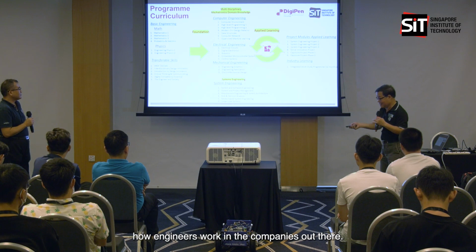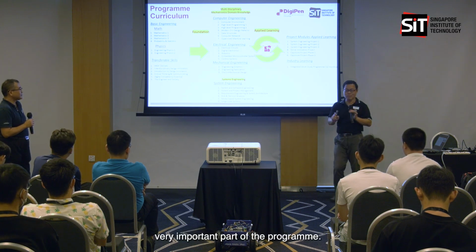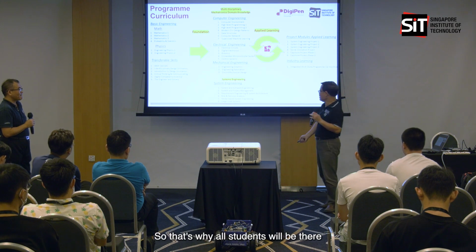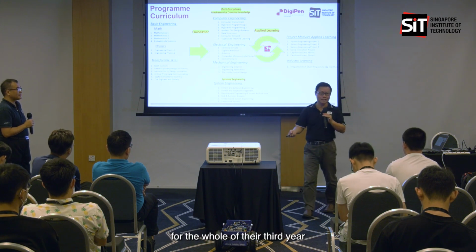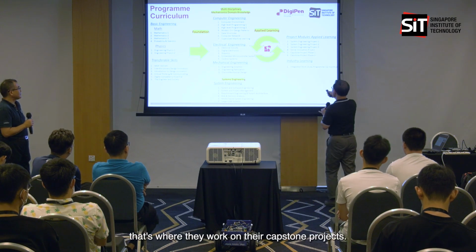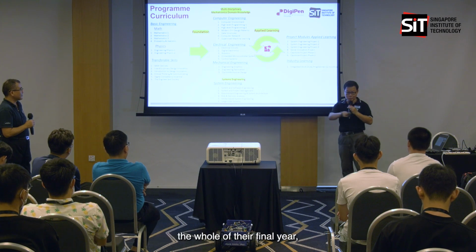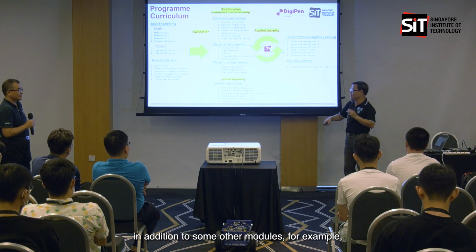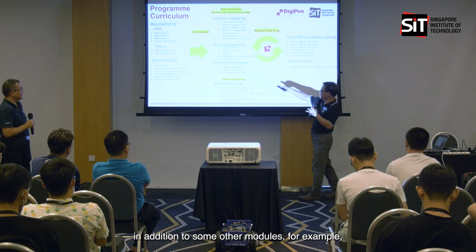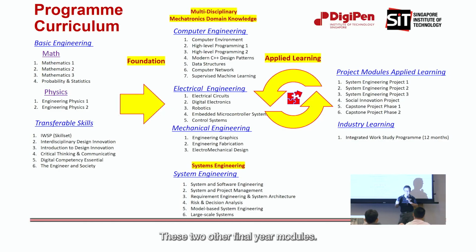Anything to add on this? Yeah, this is a very important part of the program. All students will be there for the whole of their third year, and when they are back in the final year, they work on their capstone projects. These two span the whole of their final year, in addition to some other modules, for example, control modules from robotics and so on. These two are the final year modules.